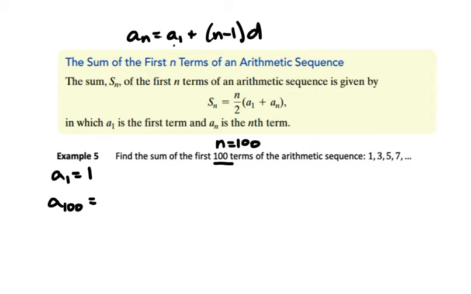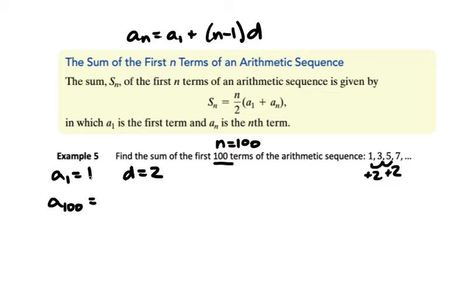I know what a sub 1 is. I know what n is. What is d? Well, if I look at this, what number am I adding each time to get the next term? Well, that's going to be 2. I'm adding 2 each time. So the value of d is 2.